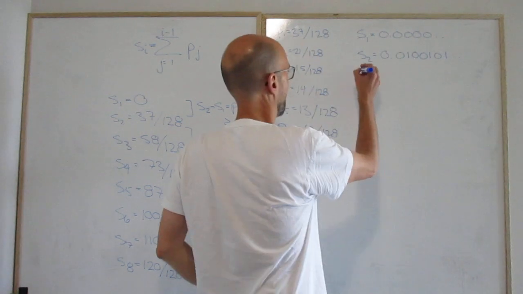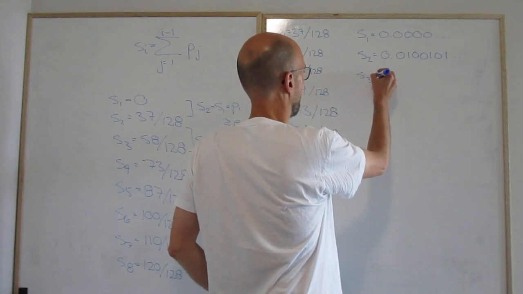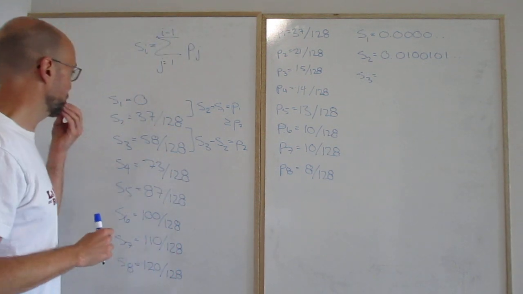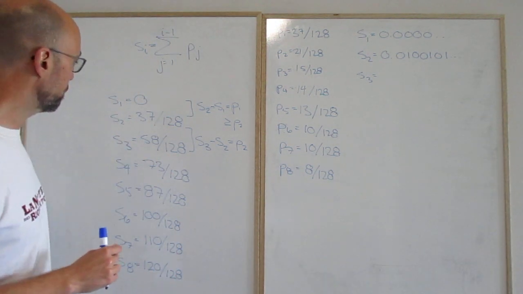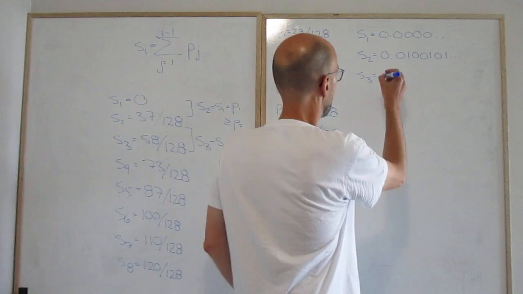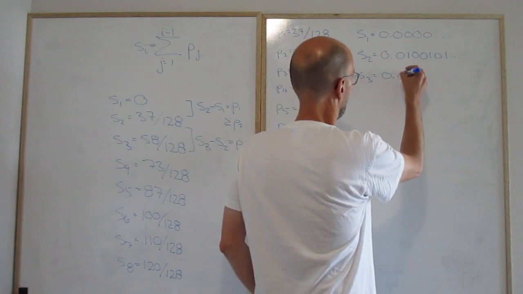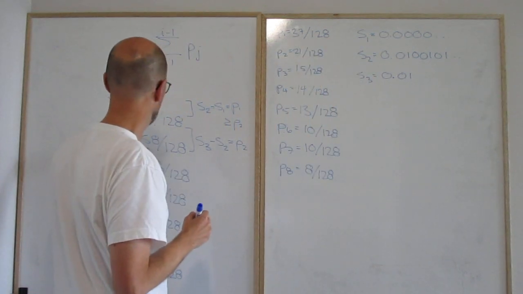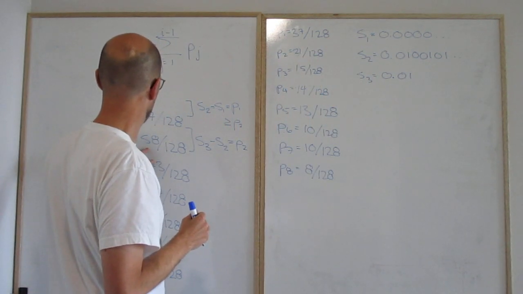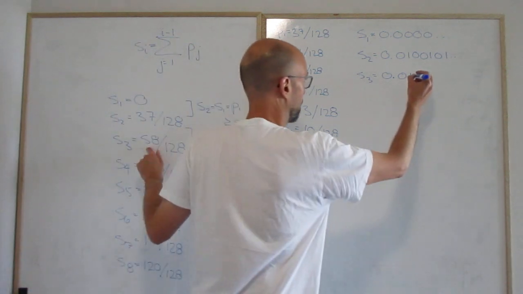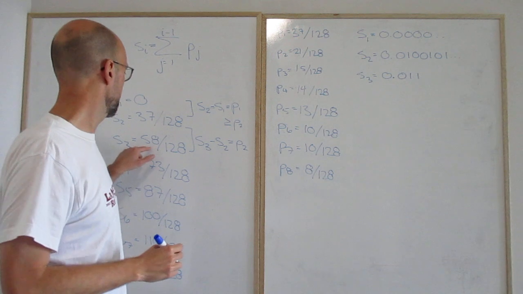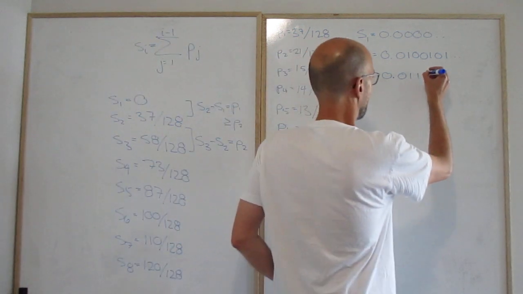Okay, we don't have time. We hope it's true. So S3 is equal to 58 over 128, which is not 64, it is 32. 32 plus 16 is 48. It is 8.